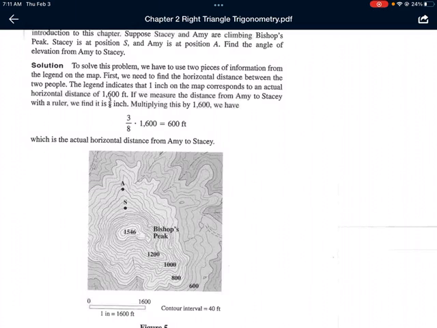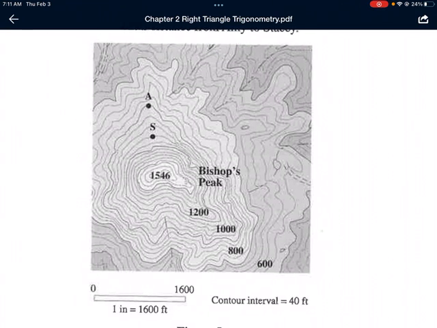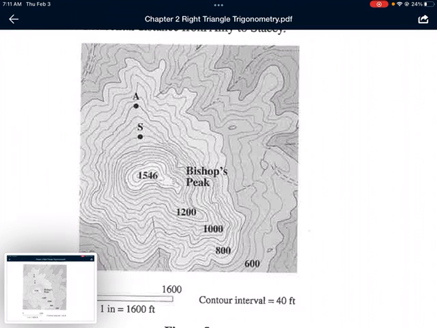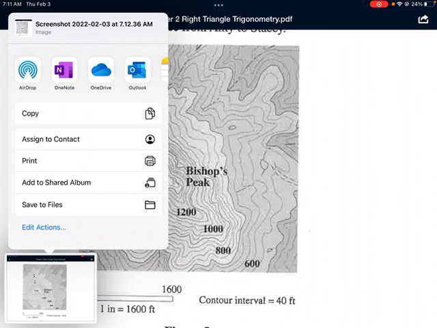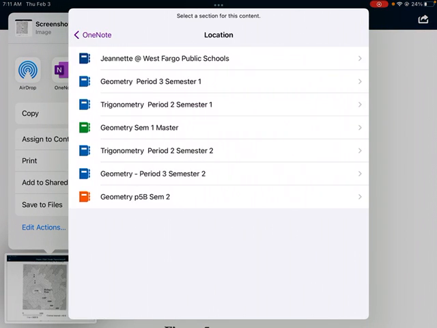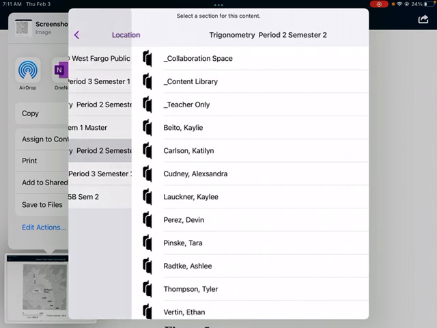So to start off with, I'm just going to take a screenshot of this and insert it into my OneNote. This will be in semester 2, teacher only, chapter 2 materials.